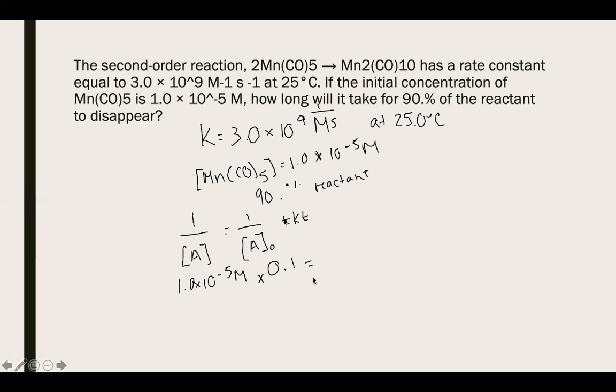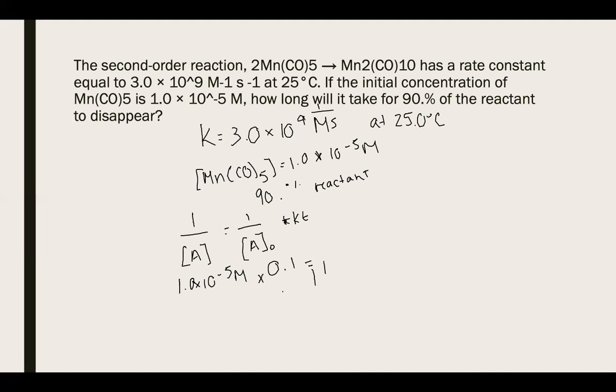So you'd have 1 e to the negative fifth times 0.1, and you would get 1 times 10 to the negative 6. So 1 times 10 to the negative 6 is your value for A at a certain time.